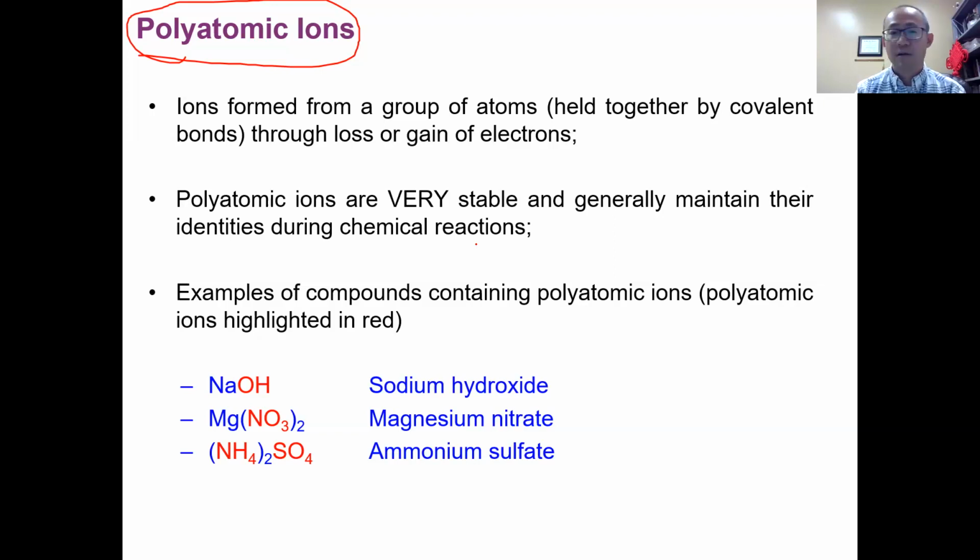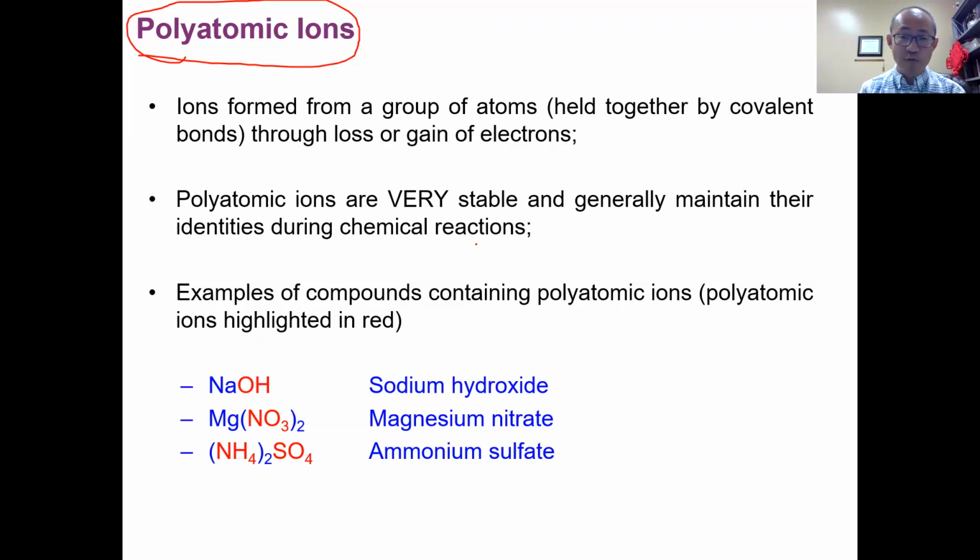Here, I show you 3 compounds with polyatomic ions. Of course, the polyatomic ions are highlighted in red, such as sodium hydroxide. You can see OH is a polyatomic ion made by 2 atoms, O and H. Magnesium nitrate, NO3, is a polyatomic ion made by N and 3 O's.